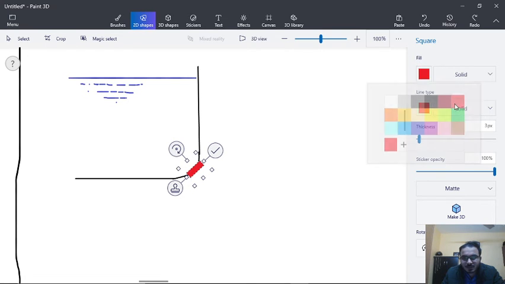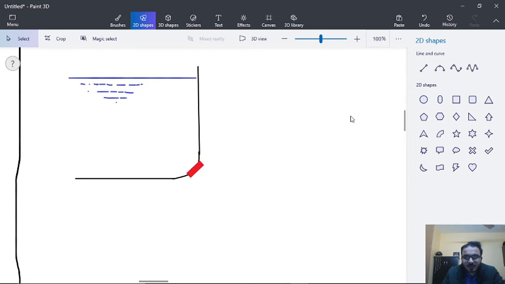So this will be our small area like this, and we will see the forces which are acting on this.